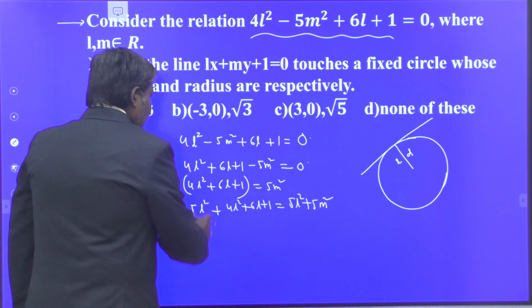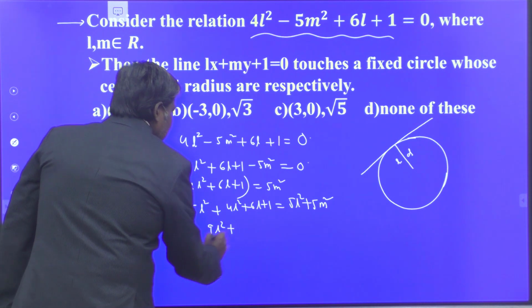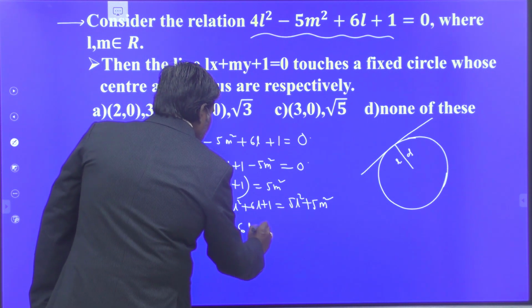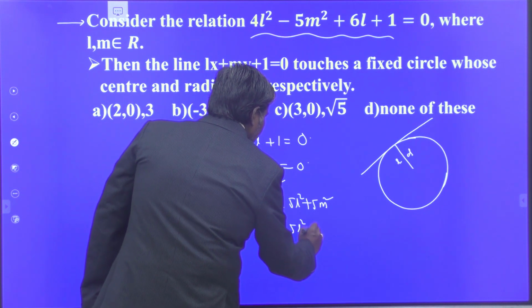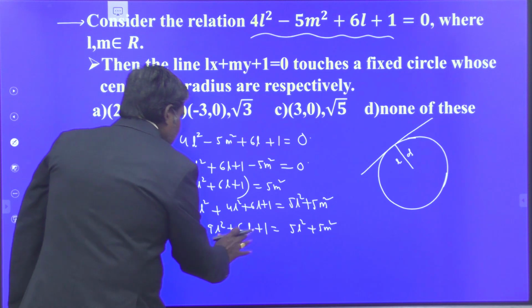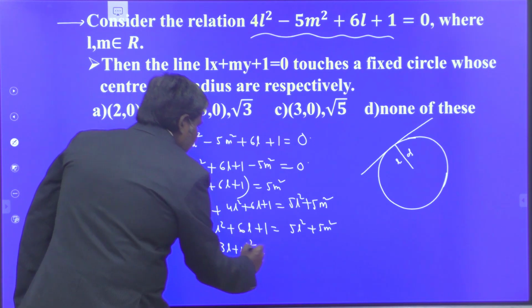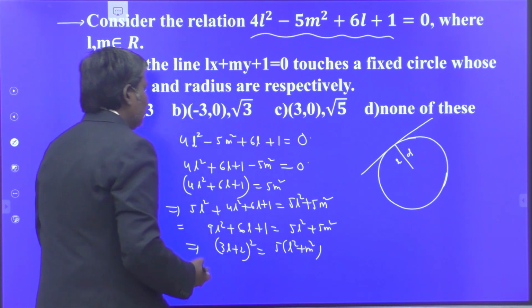Now this is nothing but 9l square plus 6l plus 1 is equal to 5l square plus 5m square. This is nothing but 3l plus 1 whole square is equal to 5 times L square plus m square. Am I correct or not?